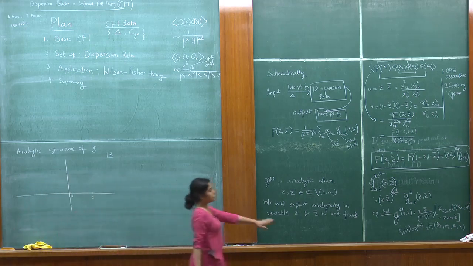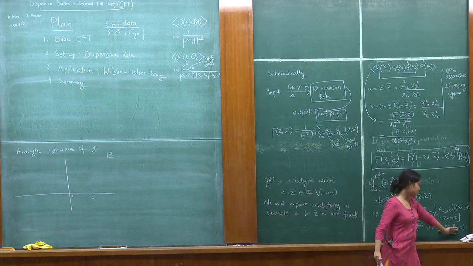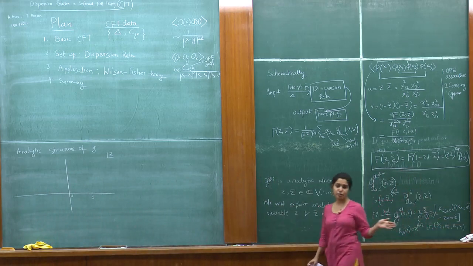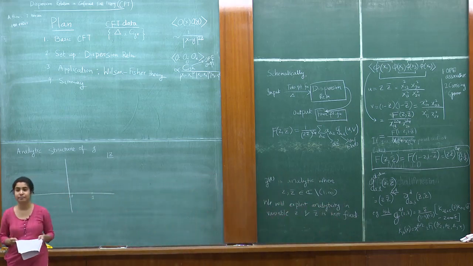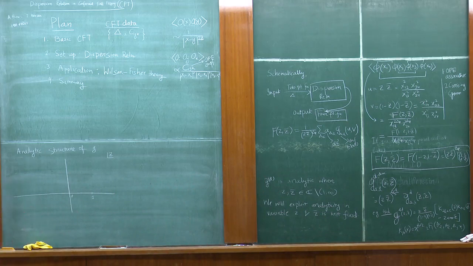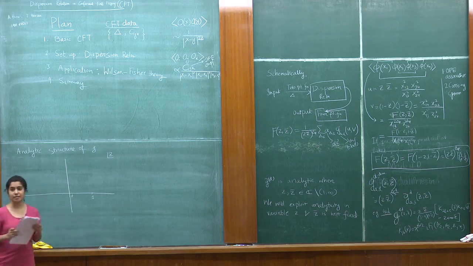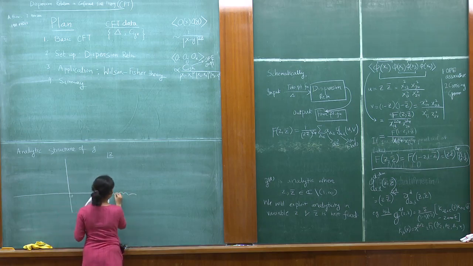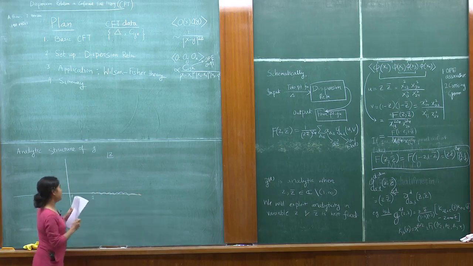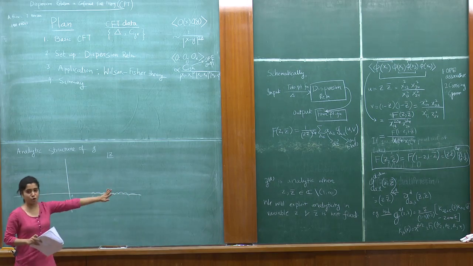From the hypergeometric function, we have a branch cut starting from 1 to infinity. I should assume z-bar is in a nice range, between 0 and 1, real. This is the branch cut which comes from the hypergeometric function, and this is true also for the D-dimensional block.